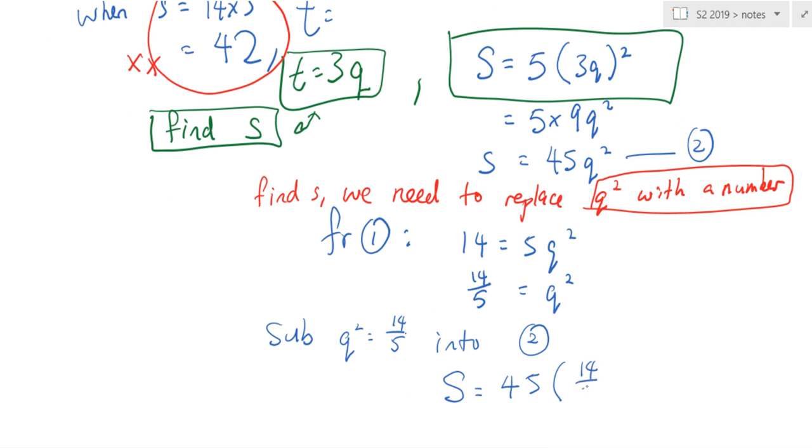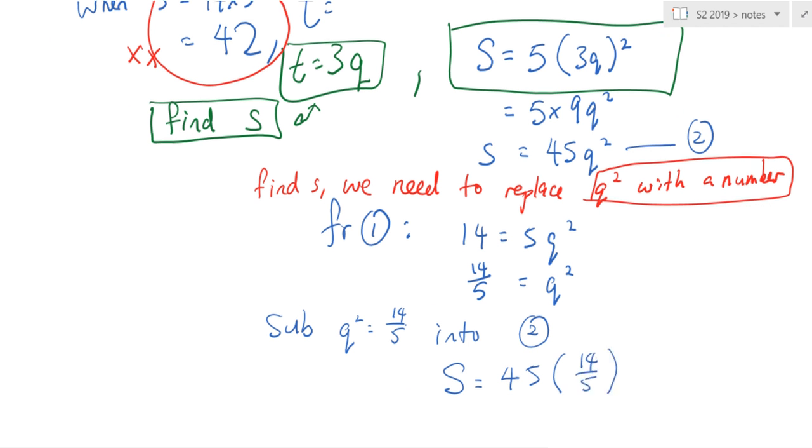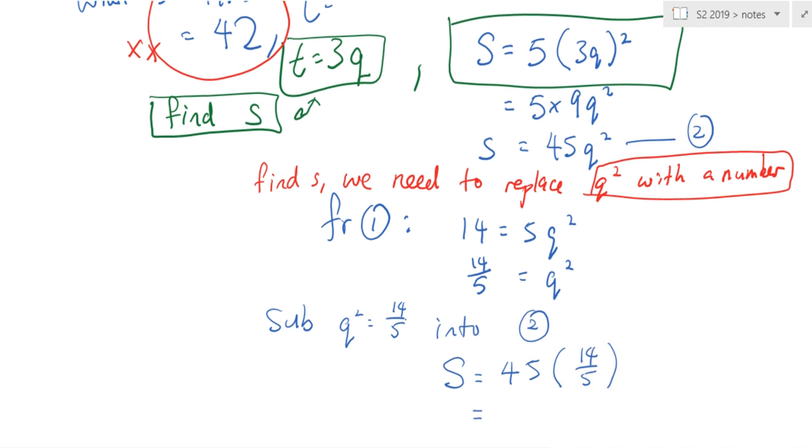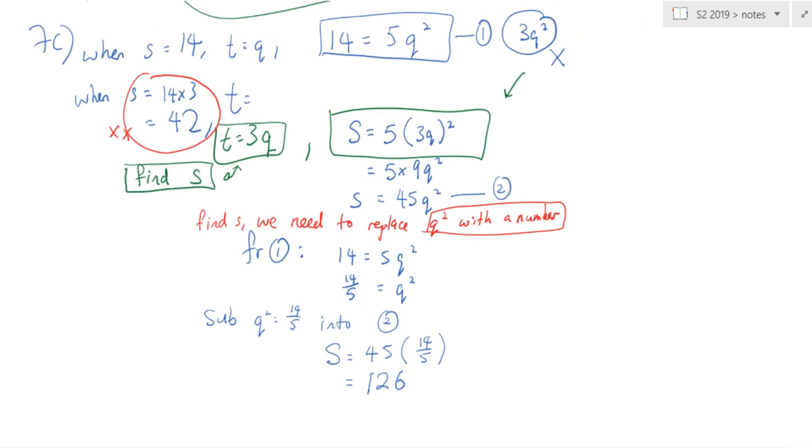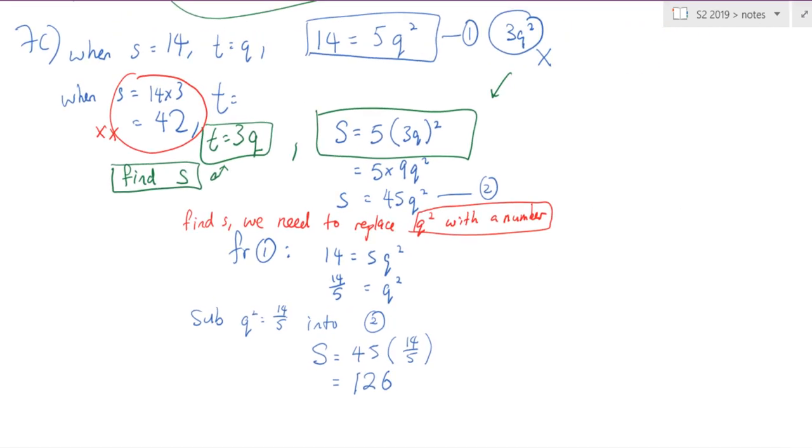Let me do a conclusion for you. The original distance is 14, right? When T is q, the S is 14. When T is triple, what is the new distance? 126. Do you agree? This is the new distance.